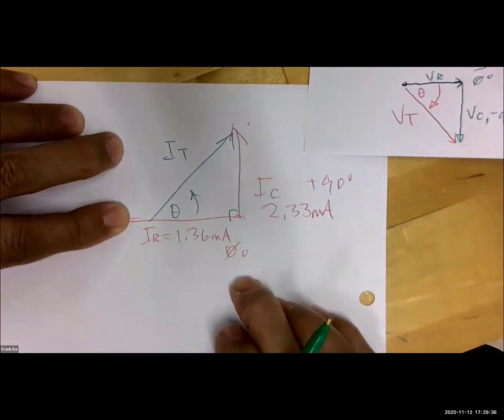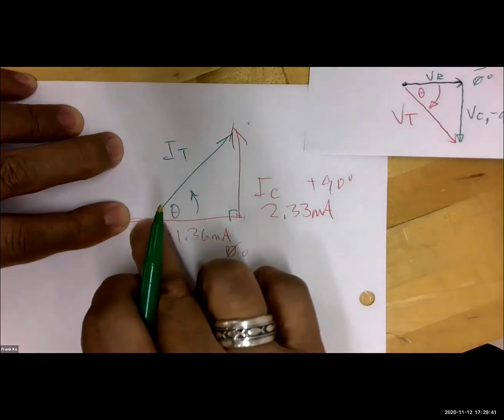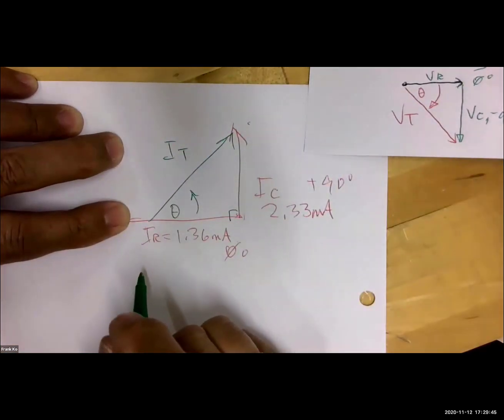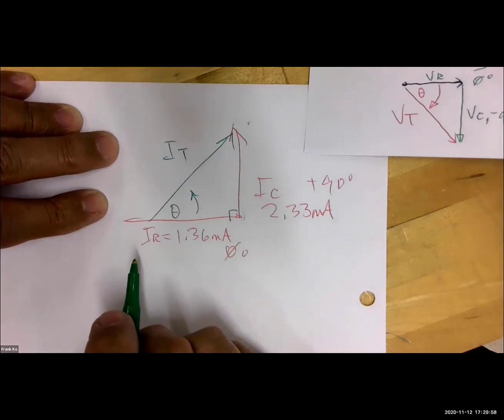IC is pointing north at positive 90 of the value we calculated, IR in this value, I total by Ohm's law, the Pythagorean theorem. And theta you can calculate by using SOHCAHTOA. And with that, I think we've concluded all the major hit points that will help you with your homework assignments.